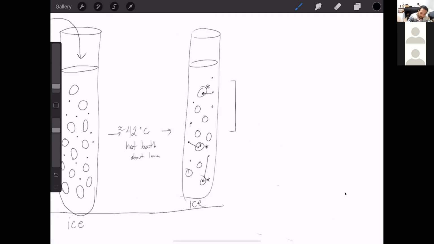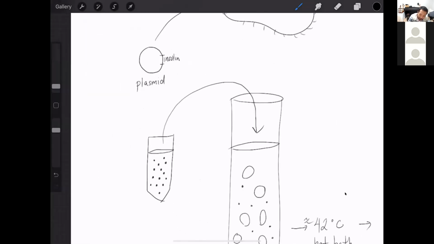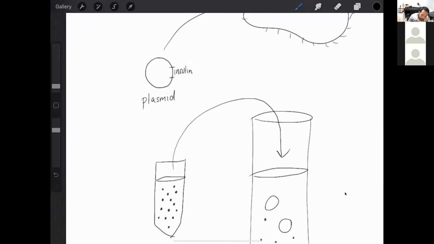So here's what we're going to do. Let's go back to that plasmid, shall we? Now, instead of just having insulin, what if I were to add something else, like maybe another gene that confers some sort of ampicillin resistance or antibiotic resistance?